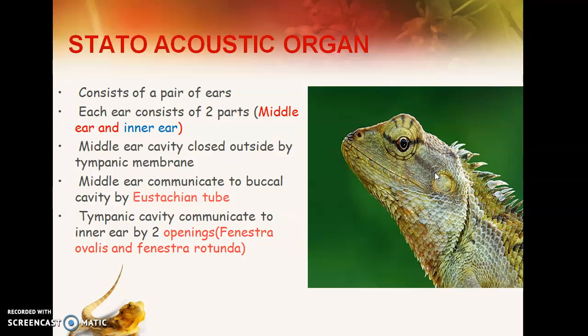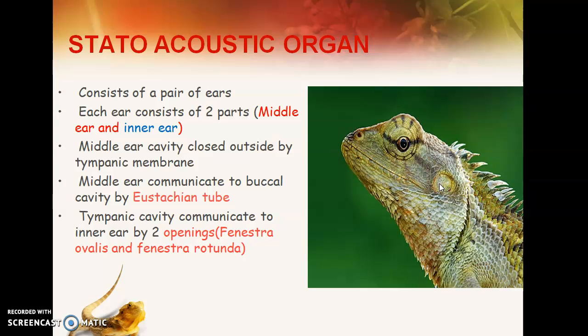Coming to the middle ear, it communicates to the outside by means of the tympanum, and to the buccal cavity by means of the Eustachian tube. The tympanic cavity communicates to the inner ear by means of two openings, called the fenestra ovalis and fenestra rotunda.